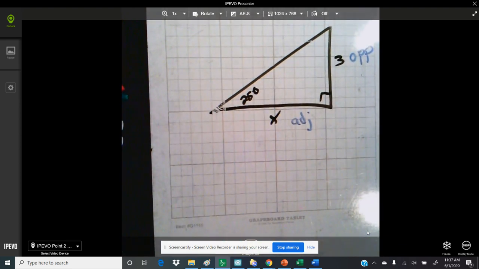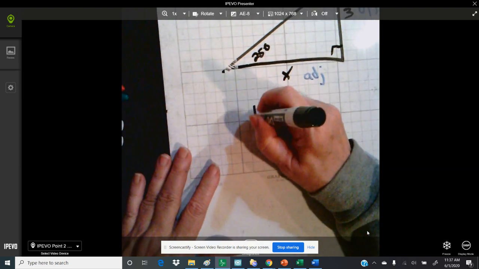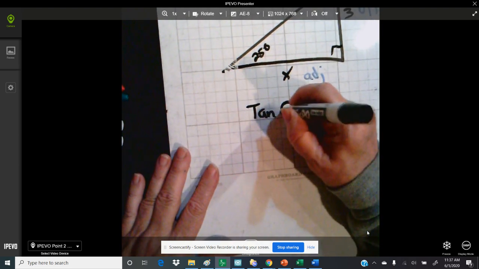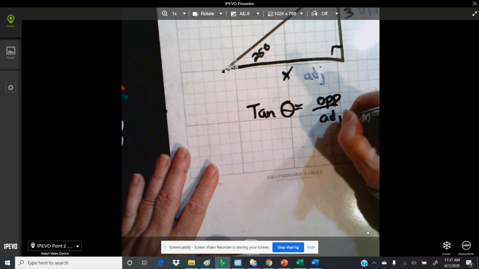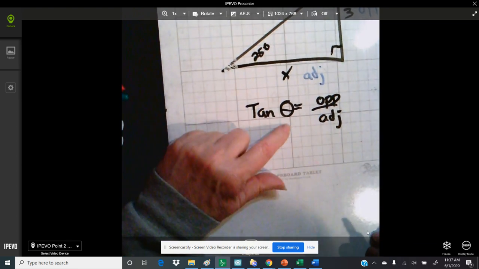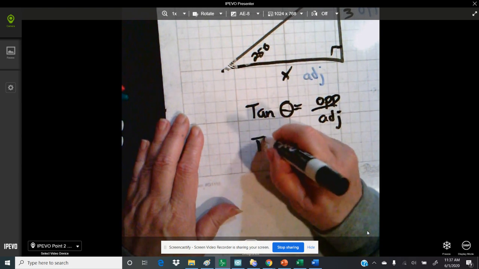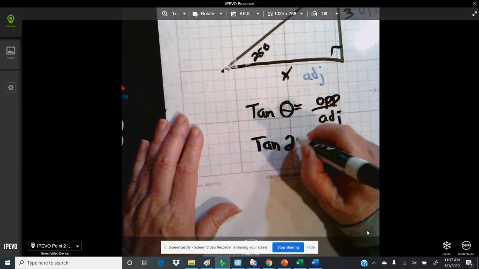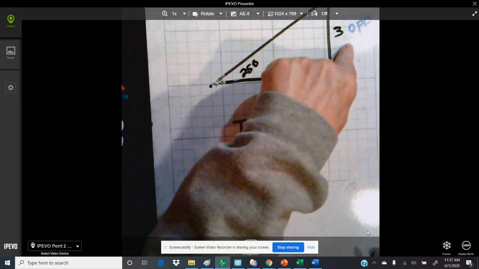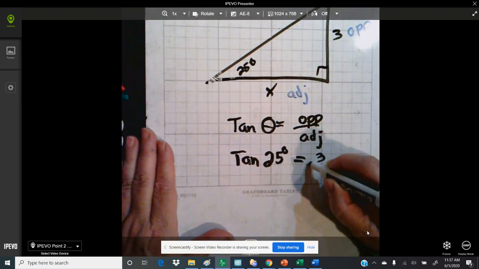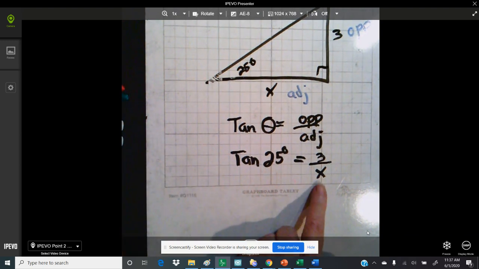So I'm going to set up my equation, right? I know that the tangent of some angle is the opposite over the adjacent. Let's plug in what I know. I know the angle is 25 degrees. So I'm going to say the tangent of 25 degrees is the opposite, which is 3, over the adjacent, which I don't know, which is x.